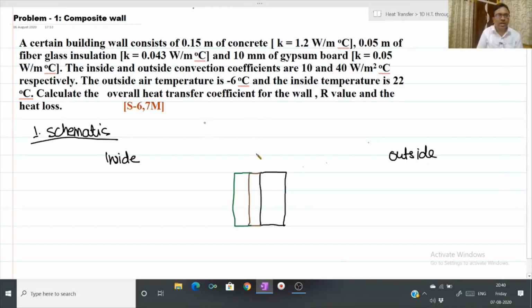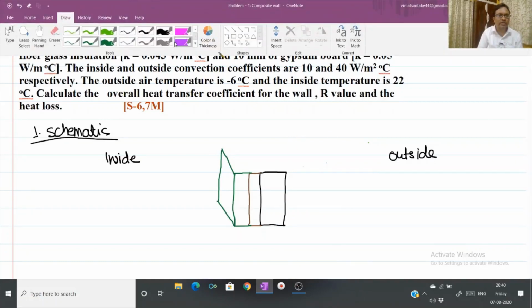Now I can draw the 3D view of this composite wall so that you can have a better idea of the area normal to heat flow and all other variables.